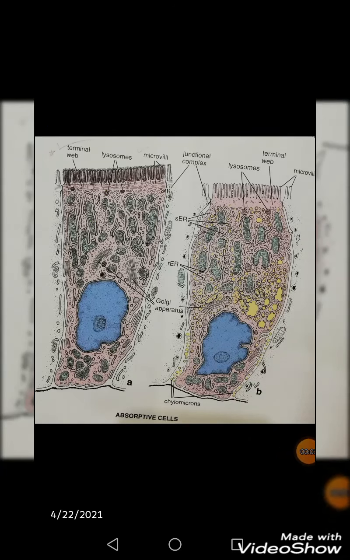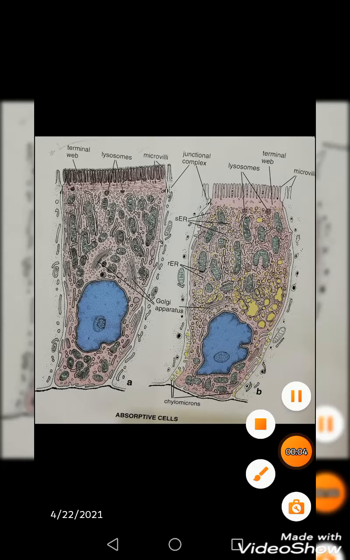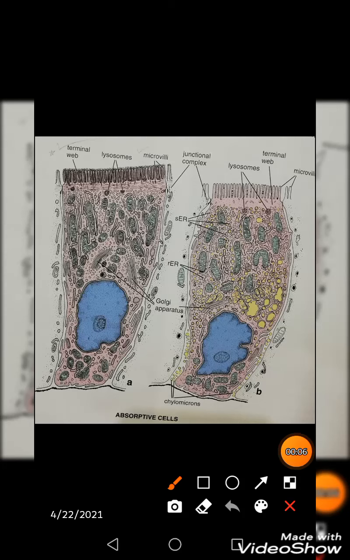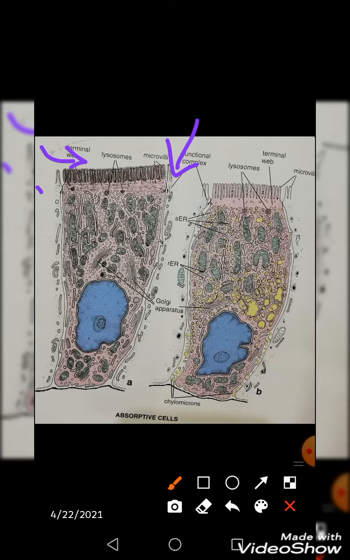Now among the epithelial cells, we have to discuss one by one. We look into the enterocytes, which at their apical surface are lined with small minute hair-like structures called microvilli, and under the light microscope their parallel arrangement imparts a striated appearance, hence the name brush border.